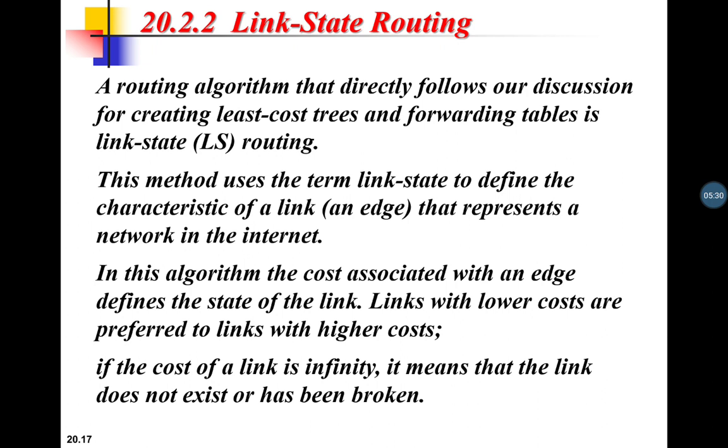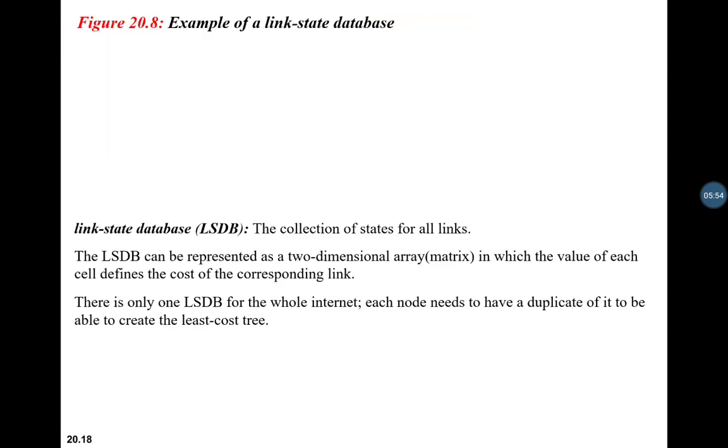If the cost of a link is infinity, it means that the link does not exist or has been broken. So remember that the cost associated with the edge defines the state of the link.